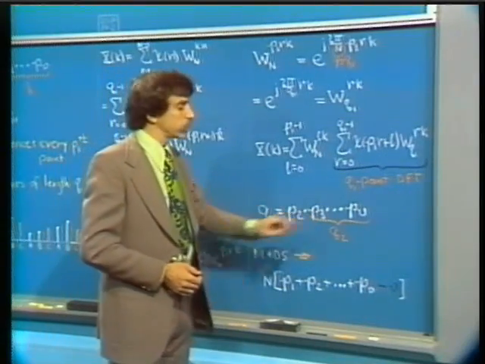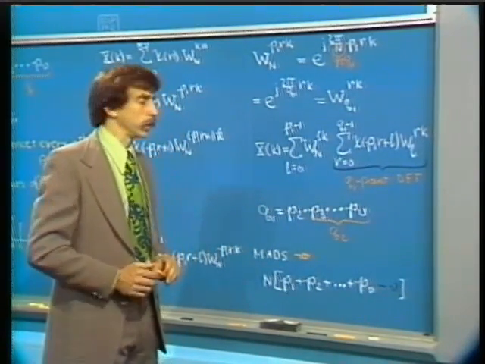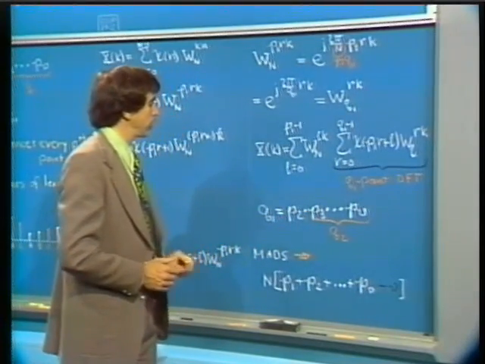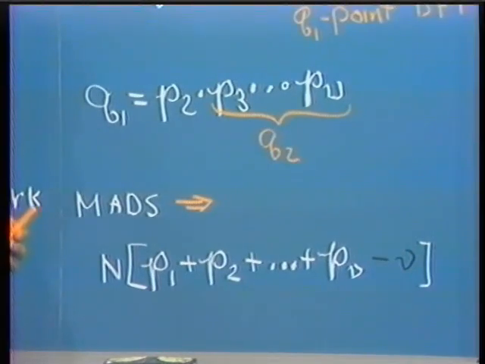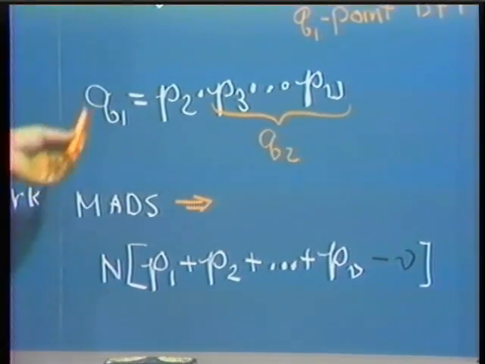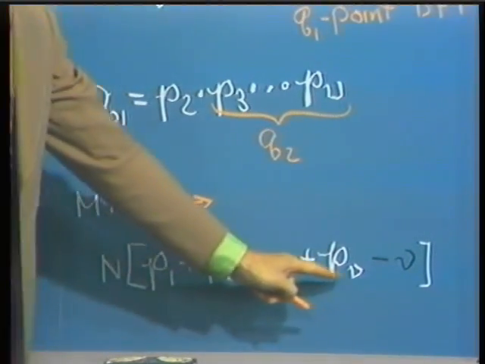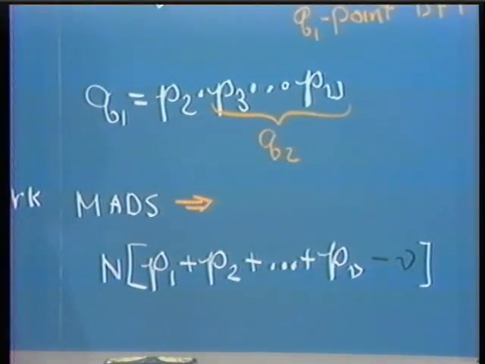If you do this, then what you'll find, and the counting is done a little more carefully in the text, is that the number of multiplies and adds involved in computing the discrete Fourier transform this way is proportional to n times a sum of the factors involved in the decomposition of n.